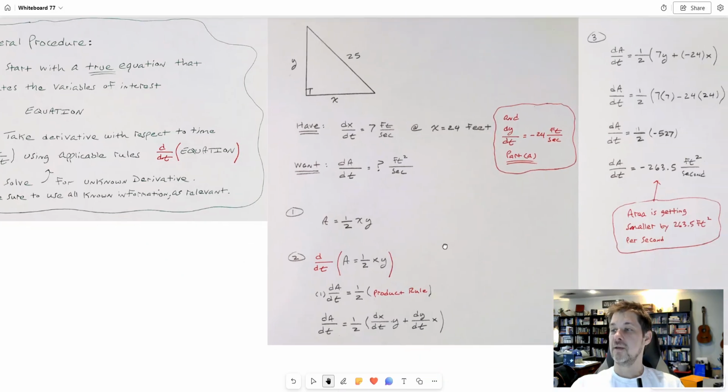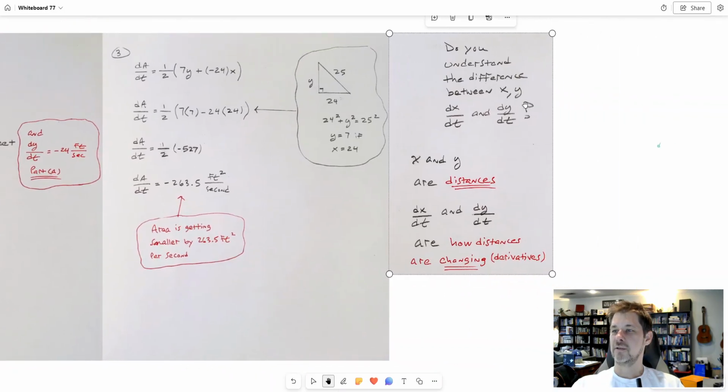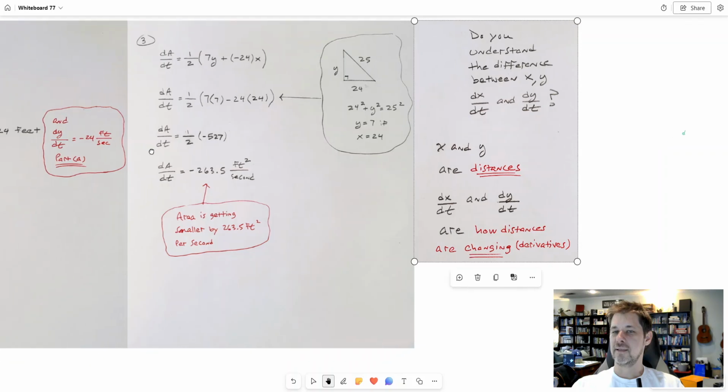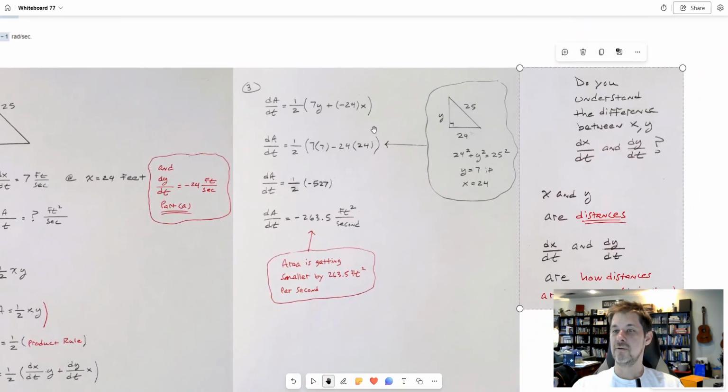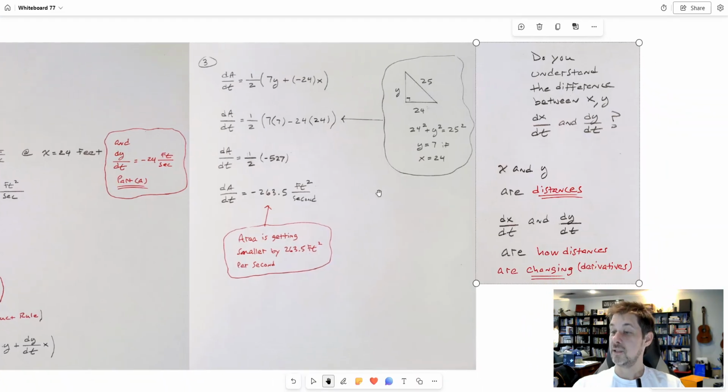Now one more thing. I want to make sure that you understand the differences between the x and the y, the dx dt and the dy dt. What's the difference between all those things? Well, x and y are just distances.